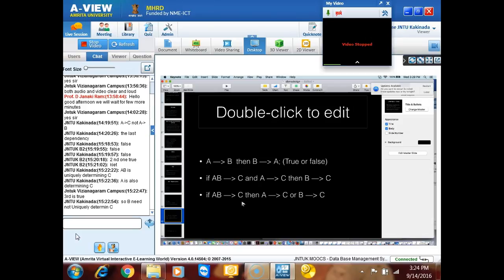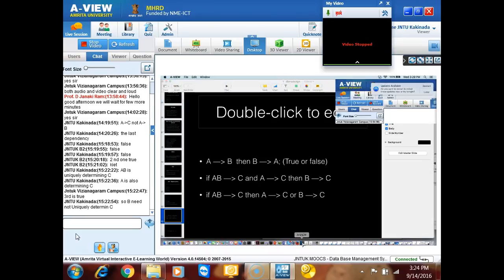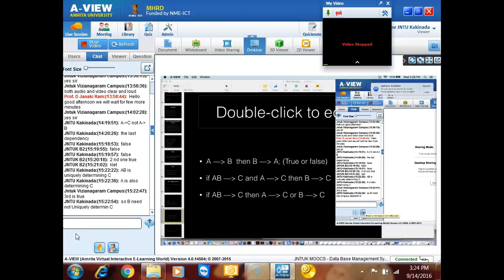Does this mean that if two tuples agree on the value of A and agree on the value of B, then they agree on the value of C? Yes. A and B together determine C, but A alone and B alone do not determine C. That's correct.